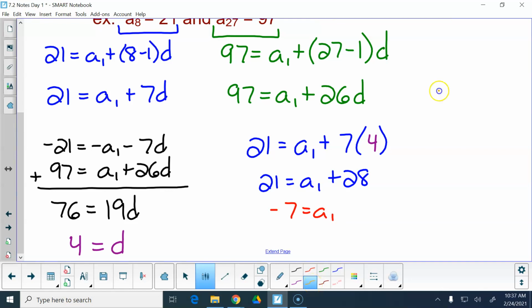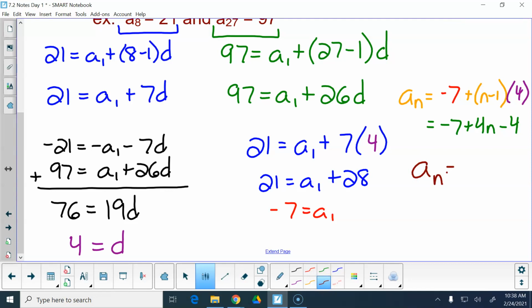If that's the case, then a sub n is going to equal negative 7 plus n minus 1 times 4. Oops, I need to move that over a little bit. It's going to get tight there. Negative 7 plus 4n minus 4 gets me my rule.